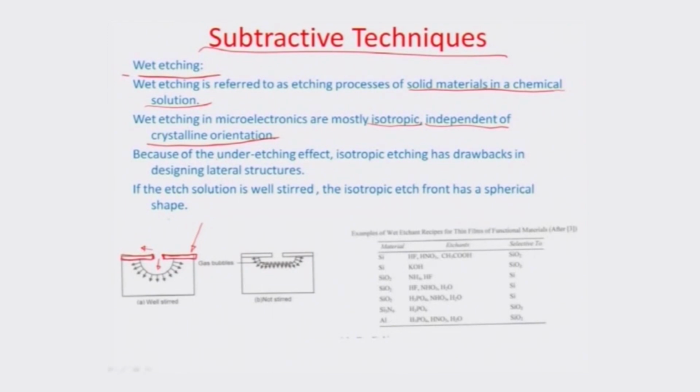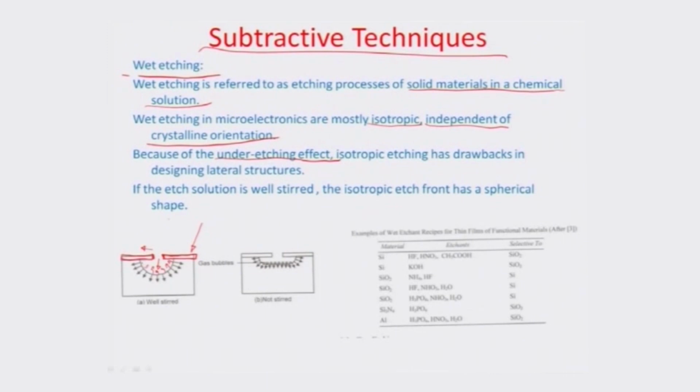Because of this undercutting effect, isotropic etching has drawbacks in designing lateral structures, and therefore you will always have to assume an etching allowance for this kind of etching to take place. If the solution is very well stirred, there is no accumulation of material coming off from these surfaces, and you can have this kind of a homogeneous profile.